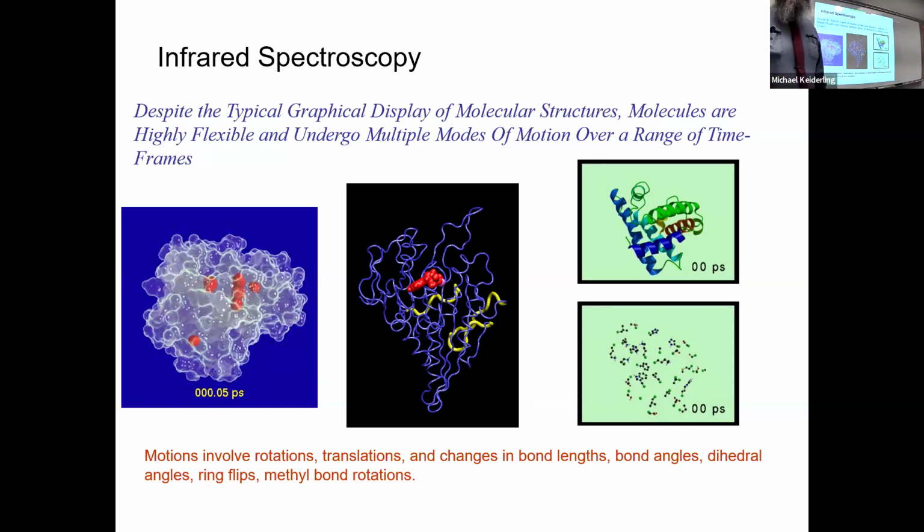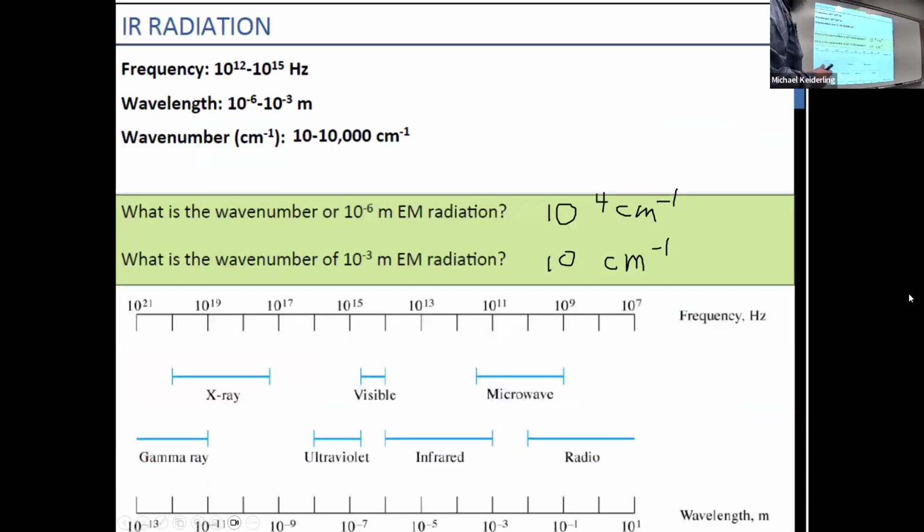So infrared spectroscopy is one of the primary ways that we study this. IR radiation has a frequency range from about 10 to the 12 to 10 to the 15 hertz. It's not negative frequency, it's high frequency.